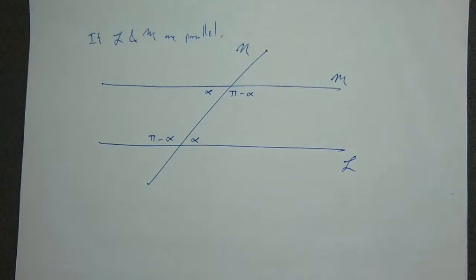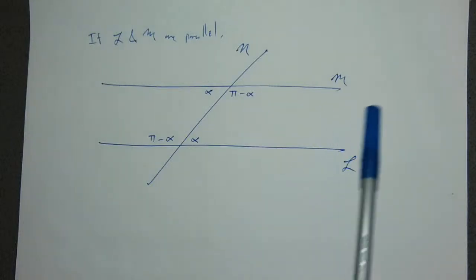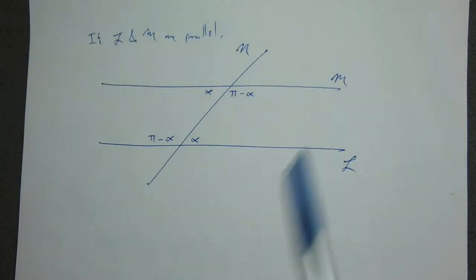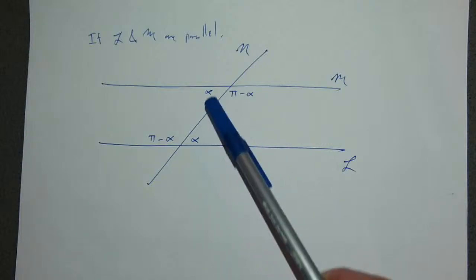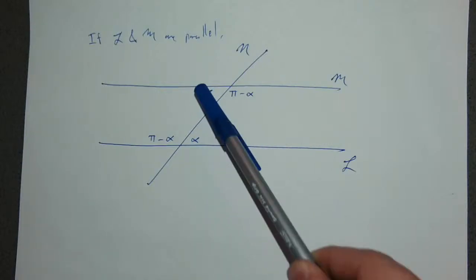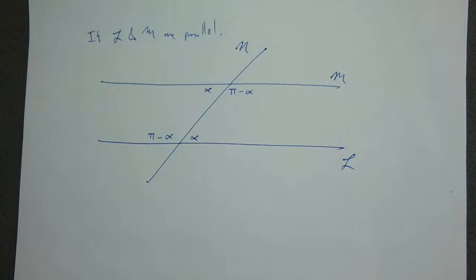Okay. Now this is going to tell us a couple of nice things. So one, it's going to tell you that in this configuration where these lines are parallel, these two angles coincide, or these two angles are congruent. They are the same angle. Now we'll have a name for those. We'll call them alternate interior angles. Okay.